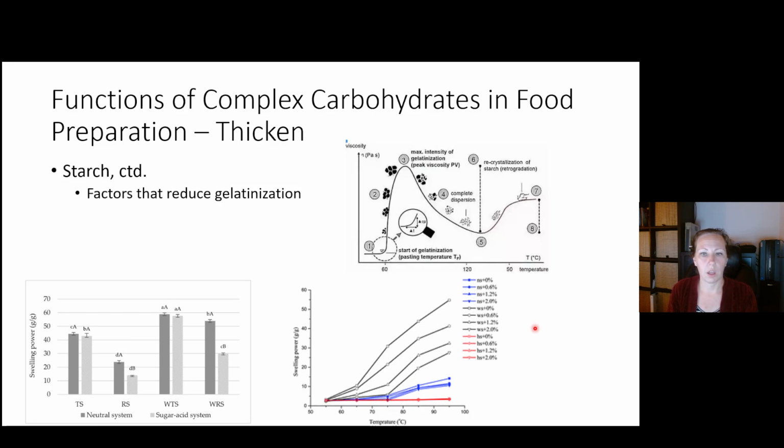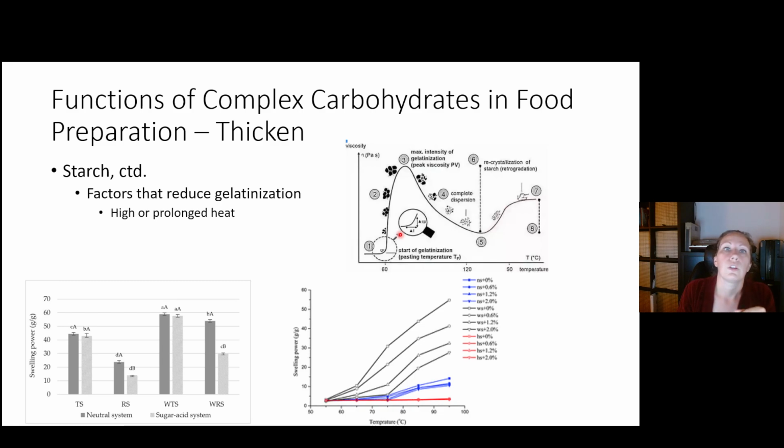So other factors that reduce that gelatinization. So higher prolonged heat, so that's what I was just saying, is too high heat. When temperatures get too high, they cause hydrolysis. We've talked before about how heat hydrolyzes sugars, right?